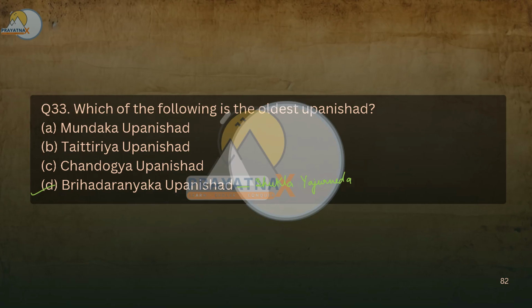Krishna Yajurveda, on the other hand, is associated to Taittiriya Upanishad and the Katha Upanishad, whereas Shukla Yajurveda is associated to Brihadaranyaka Upanishad.